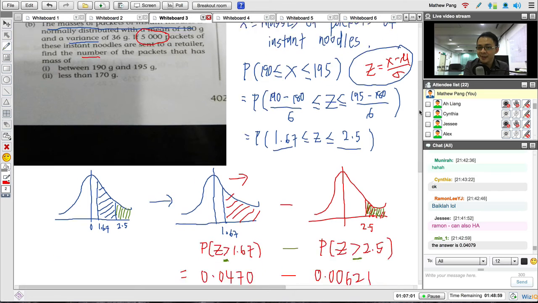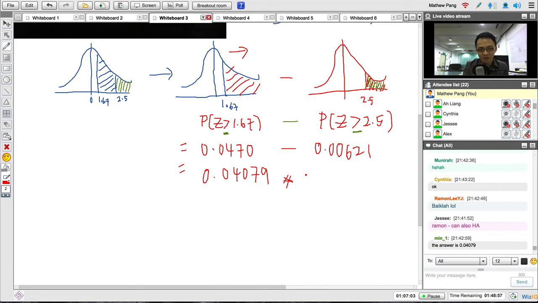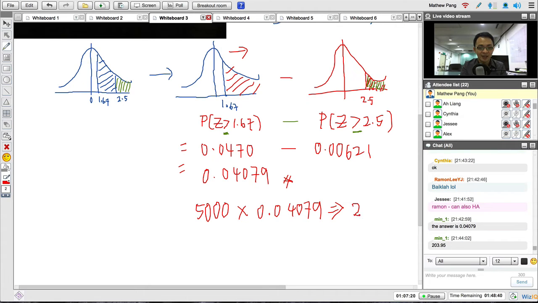I always say probability has the same meaning as percentage. So I straight away use the 5,000 here. I multiply this value 0.04079 by 5,000. Yeah, so I have 203.95. So I would say I have 203 instant noodles.